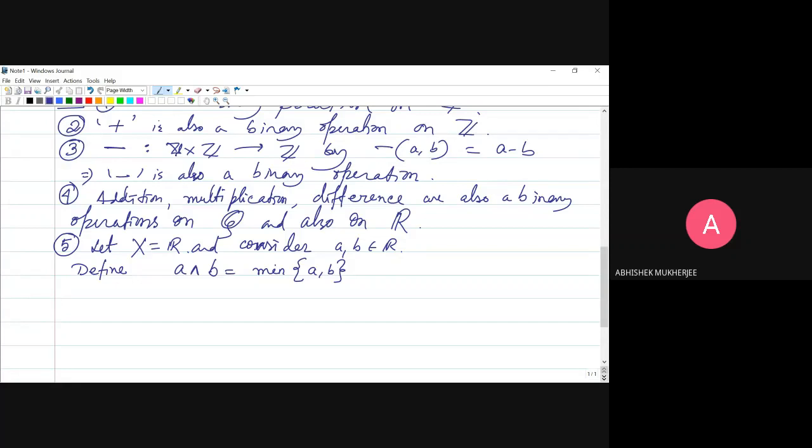Actually, the ordering is basically a partially ordered relation. So define A cap B as the minimum of A and B, and A cup B as the max of A and B.